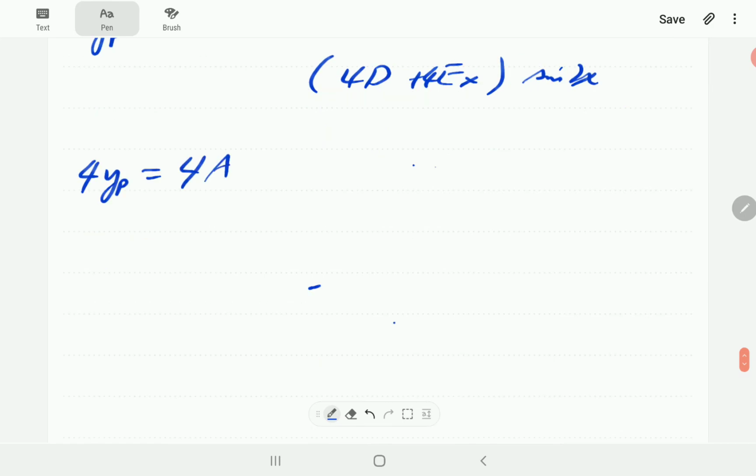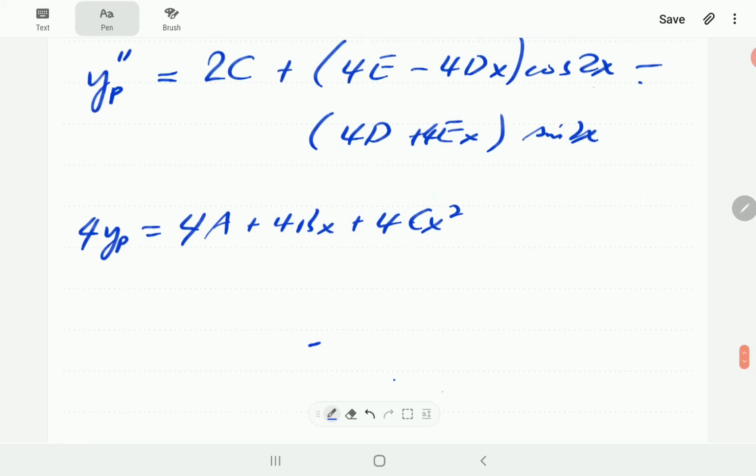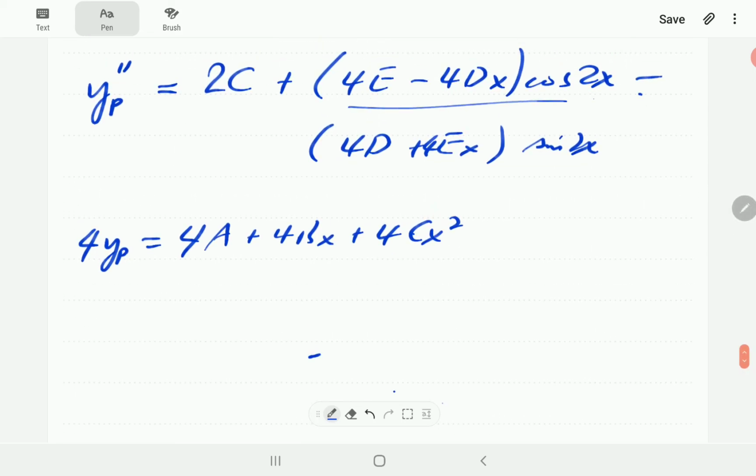So 4a plus 4bx plus 4cx squared. Then multiply this term by 4.